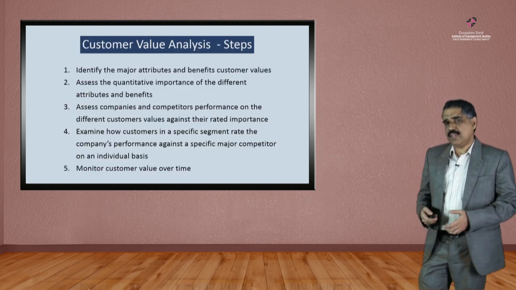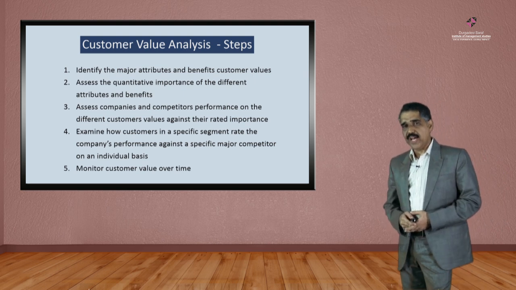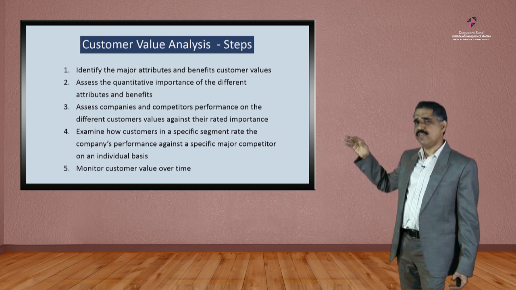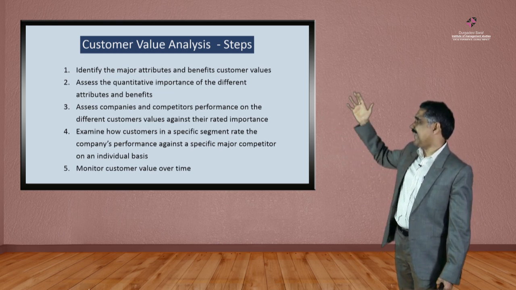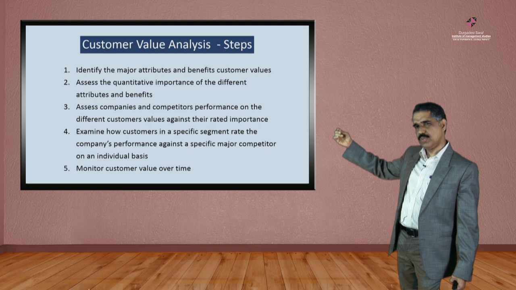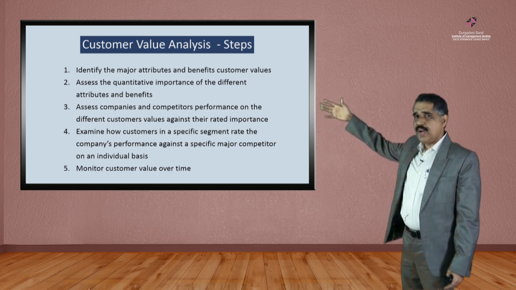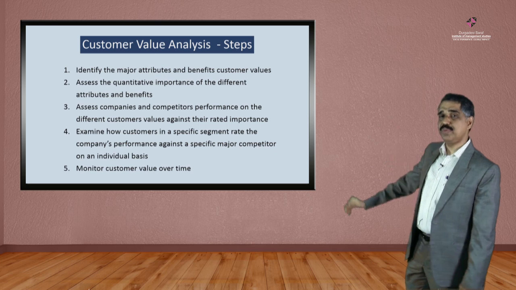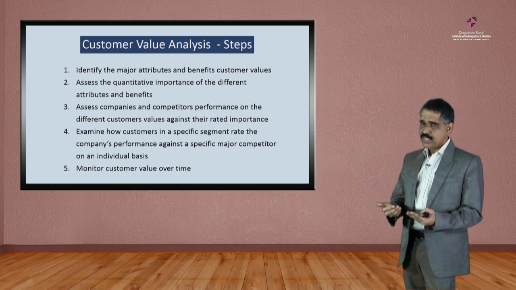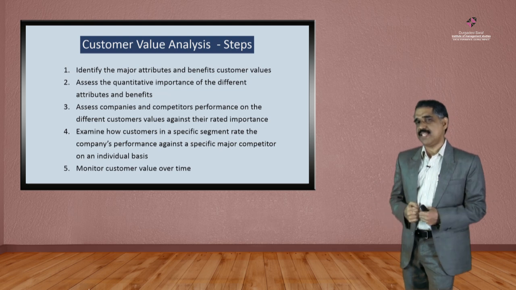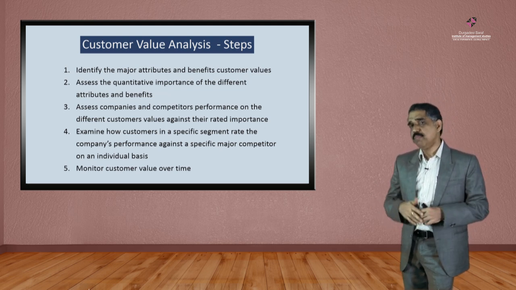Now, from the competitor's point of view, I think we need to do a sort of analysis. This is known as customer value analysis. I'm just going to run through it in a minute. What is written here? Identify major attributes and benefits customers value. So look, I'm selling a product. For example, in this particular instance, I sell a motorbike.